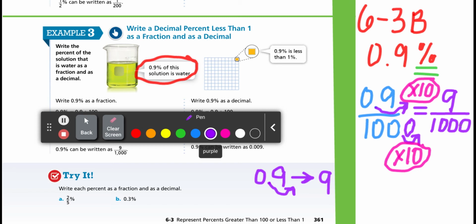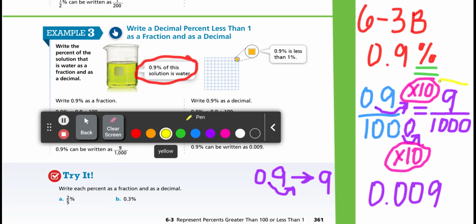How do we convert a fraction to a decimal? We're just going to divide there. 9 1,000ths, or it's how you read it, 9 thousandths. So we get 0.009: tenths, hundredths, thousandths. So we found our fraction and our decimal.